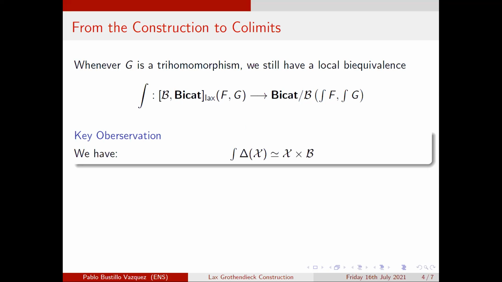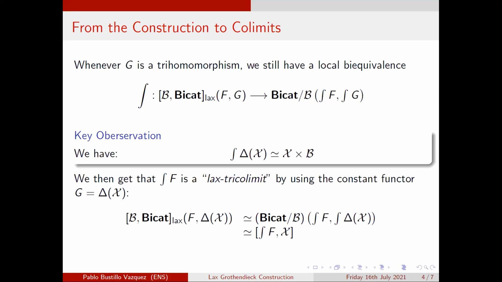So if you take the disjoint union of a constant family, you just do the same thing as multiplying by the indexing. That's something you could expect, and that's something that is true. Now if you plug G equal delta x into the local biequivalence above, you immediately get that the Grothendieck construction is indeed a lax tri-colimit.